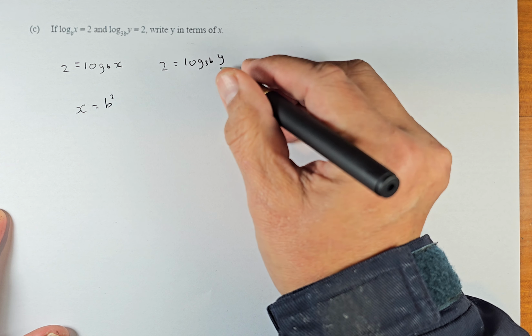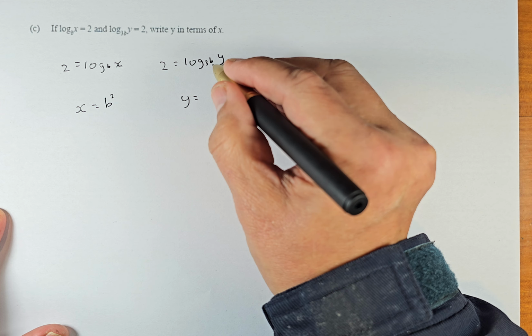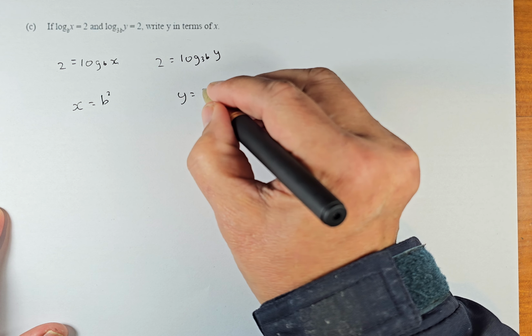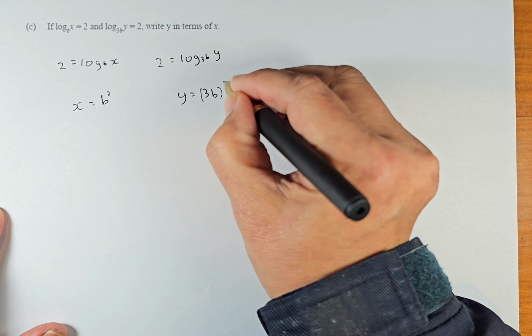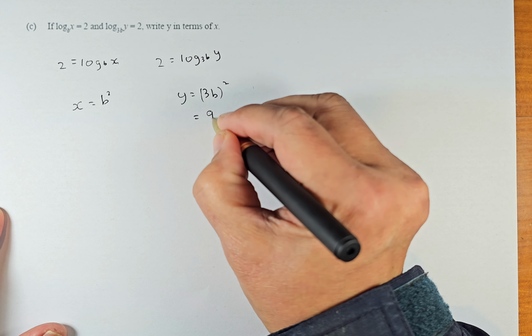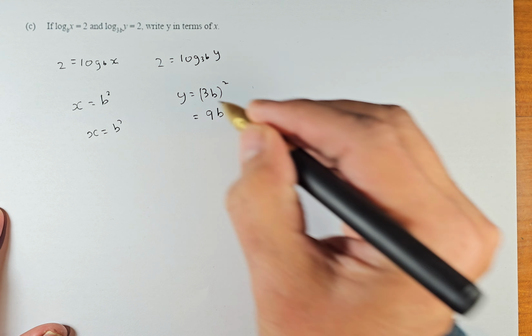And on this side, the last number becomes the first number, y equals to, and this becomes the power, because this is the last number, and the first number becomes your last number, so it becomes 3b squared. Now we're going to simplify 3b squared. 3b times 3b is going to be 9b squared. So we are going to form the relationship between x and y.